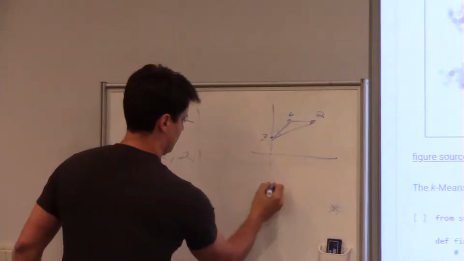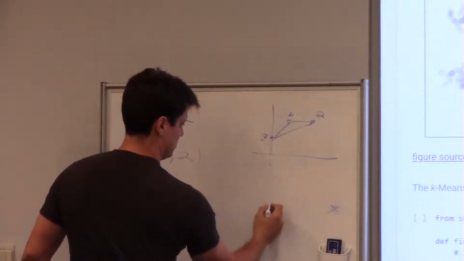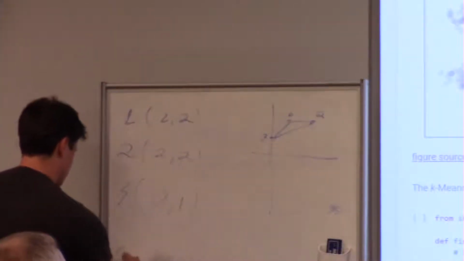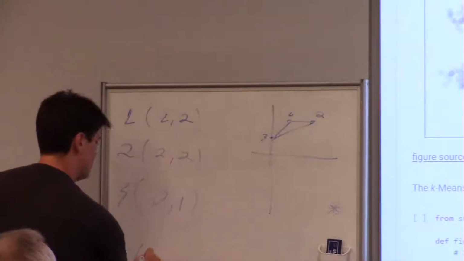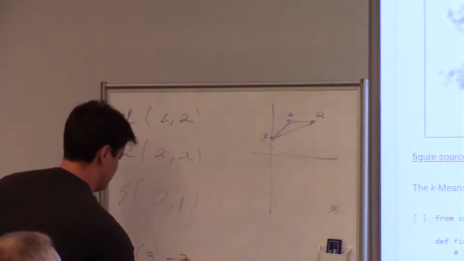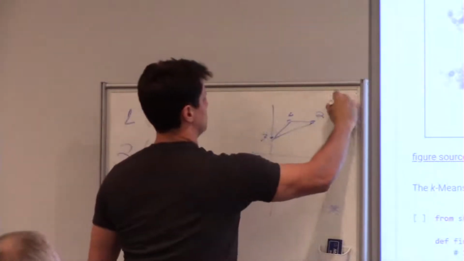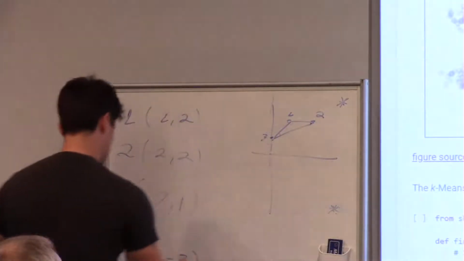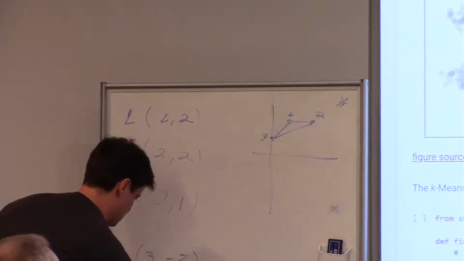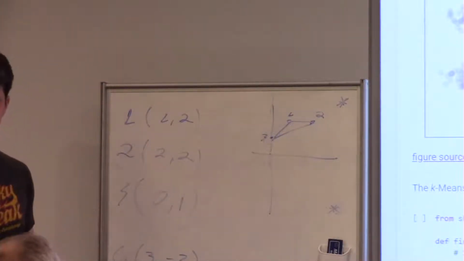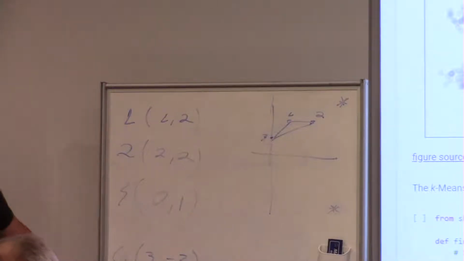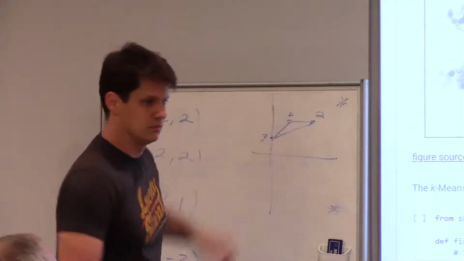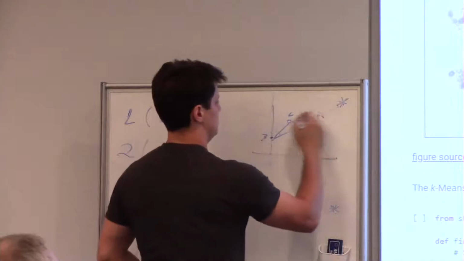So I'm going to set center 1 initially as 3, -3, and center 2 is going to be 3, 3. Okay? Can you see here? So we have the 2 centers here that I set randomly. Now, what I'm going to do is calculate the distance between those guys here.